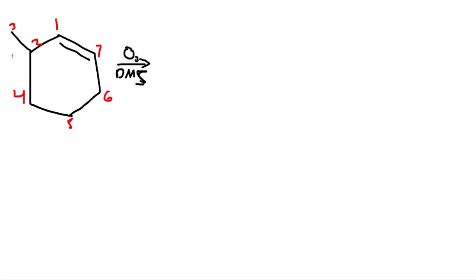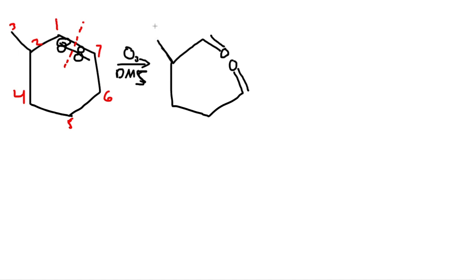The next thing you want to do is cut it in half and add the oxygens on each side. Then there'll be a double bond right here, and another double bond here. There you go. That's how the product would look, after adding the two oxygens.